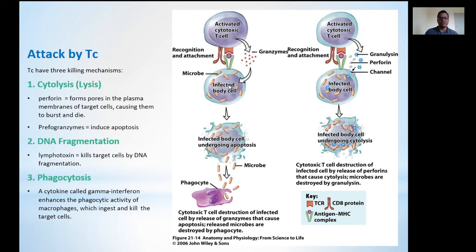So we can observe here, once the activated cytotoxic T cell starts to attack and destroy the infected cells, the phagocyte will come to aid by engulfing all the pathogens or microbes nearby. They will be released by the destroyed cells, and the phagocyte also will help in destroying the cell by eating the membrane of the infected cells.